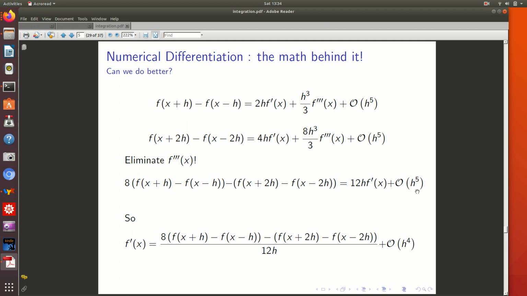So if you are willing to drop 4 x values from your array, you can of course use this formula and get a more accurate, albeit more complicated approximation for the first derivative.